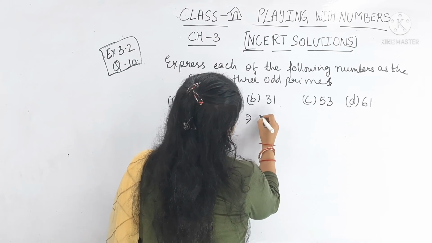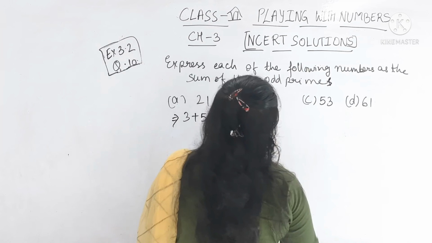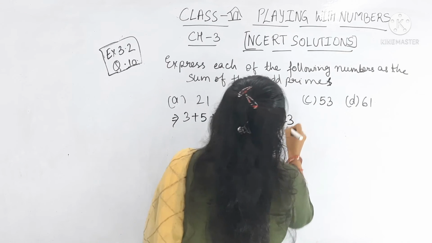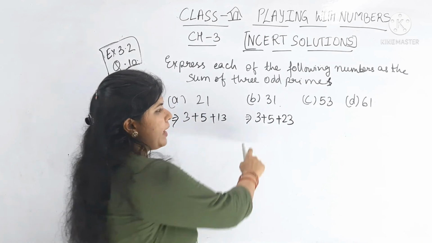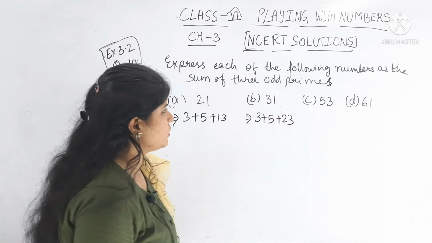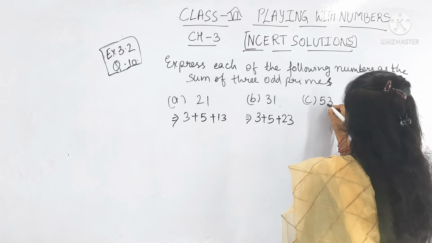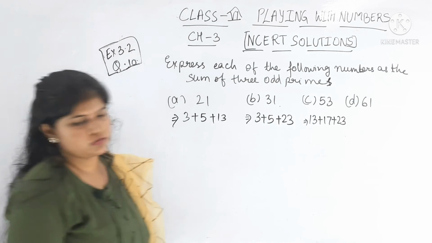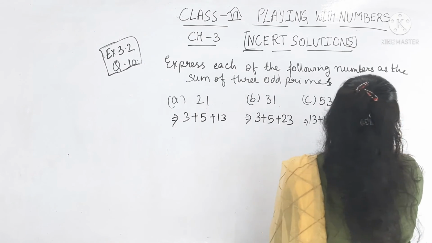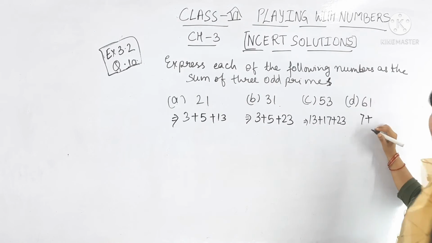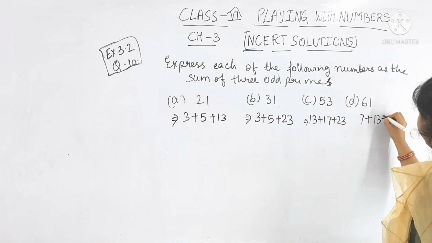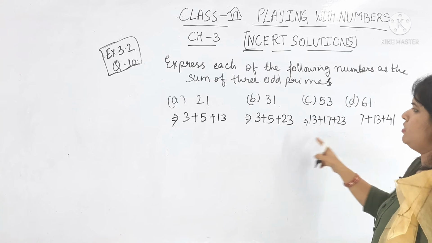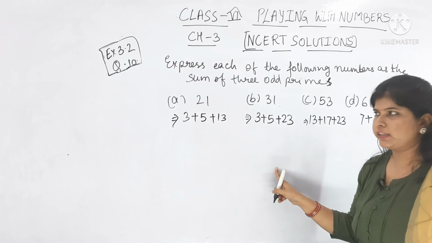For 31, 3 plus 5 plus 23, all three are prime numbers. 7 plus 13 plus 41 gives you 61. Like this, you will express them as 3 odd prime numbers.